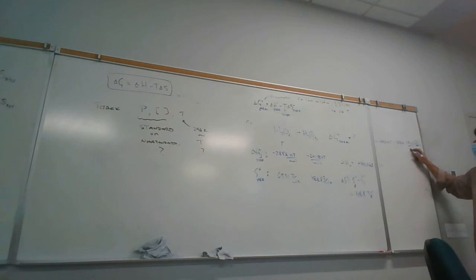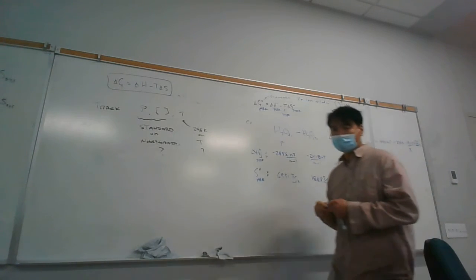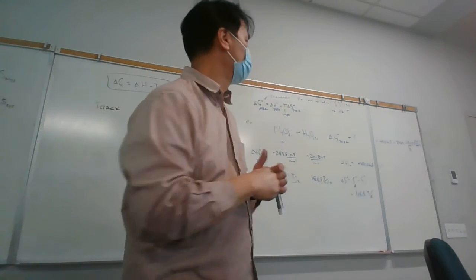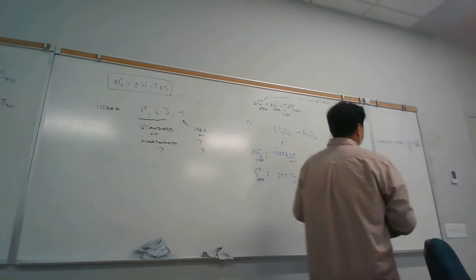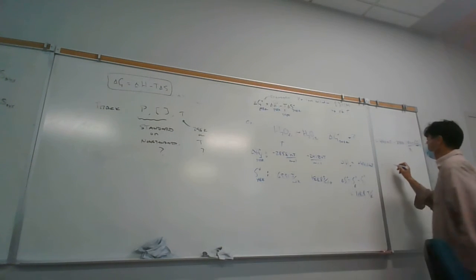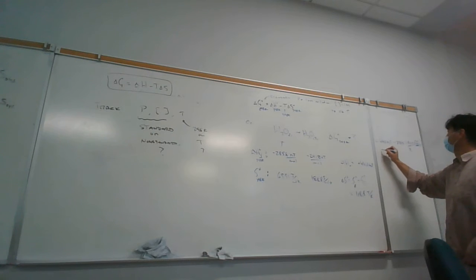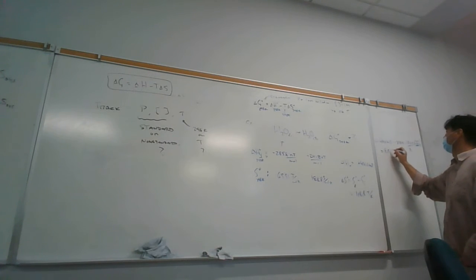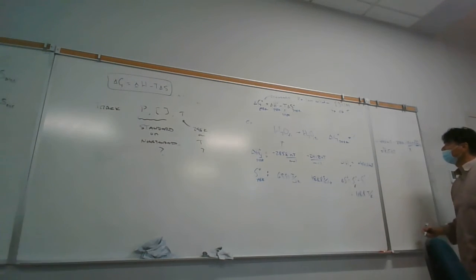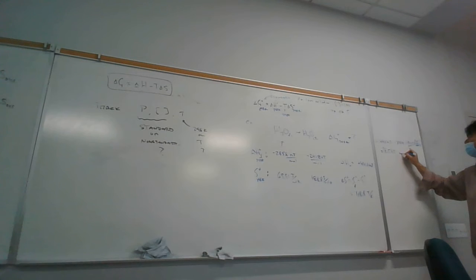The kelvins cancel, the joules cancel, that leaves me with kilojoules. So these two units work out. And so this comes out to plus 8.5 kilojoules, which means it's non-spontaneous.